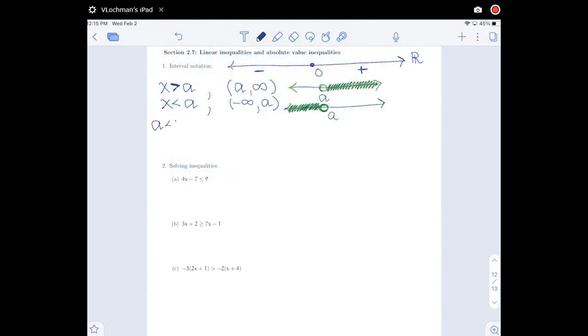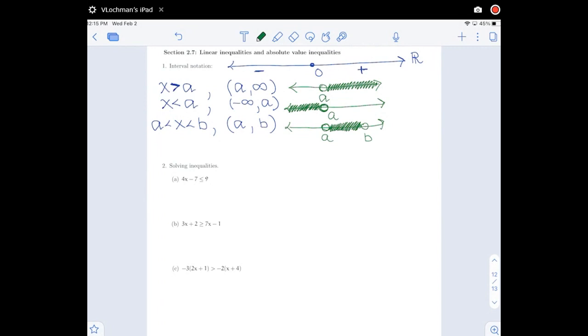X is between A and B. The notation for that would be an open interval from A to B, and graphically, okay, let's say A is here and B is here, it would be everything in between those two values. Okay, so I'm highlighting that line segment between A and B, and notice that my endpoints are not included.